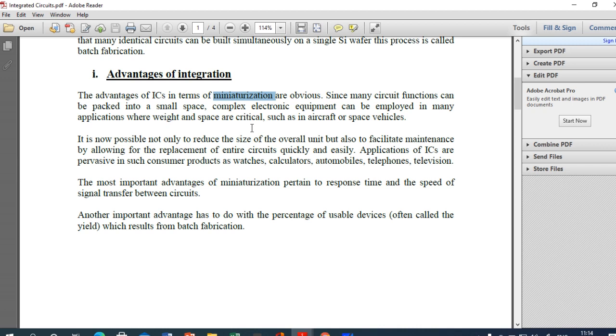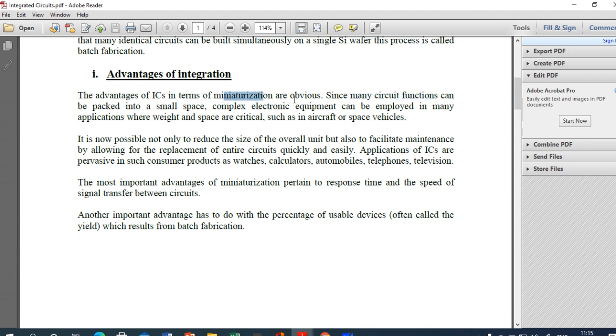Whereas the advantages of integration, or integrated circuits, belong to the term miniaturization, meaning they are small in size. Because of this, many circuit functions can be packed into a small space.